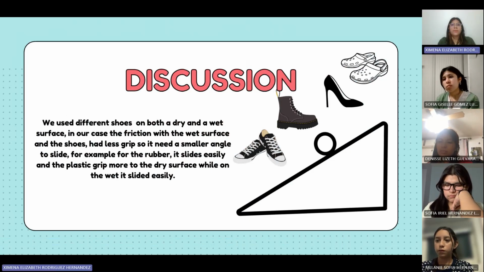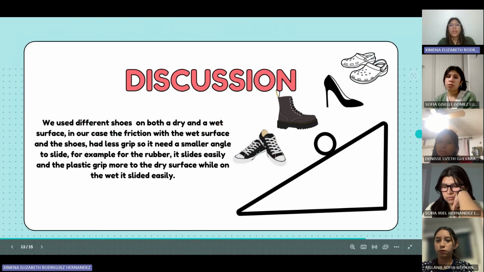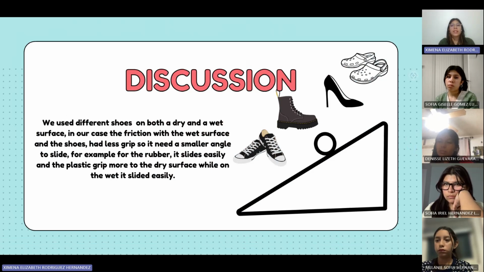Another thing that affects the angles of the plane is the weight of the shoes. For example, for the boots, we had smaller angle degrees, so they also slide more easily.